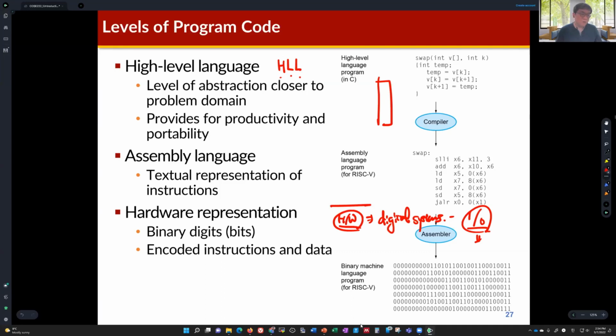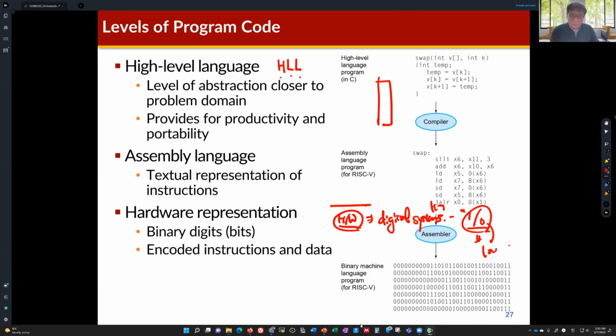These 1 or 0 signals, digital signals, are electric signals, right? 1 means it's a high voltage, and 0 means it's low voltage or ground. Computer hardware can only understand digital signals, that means electric signals.